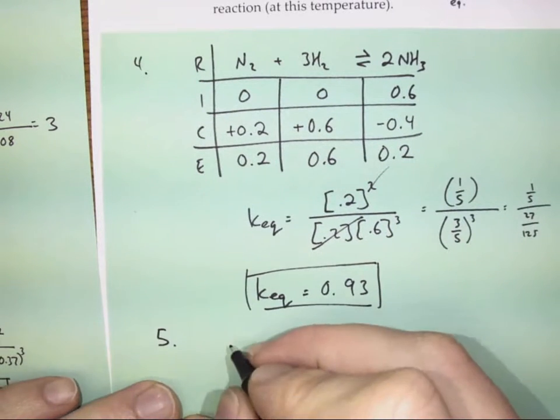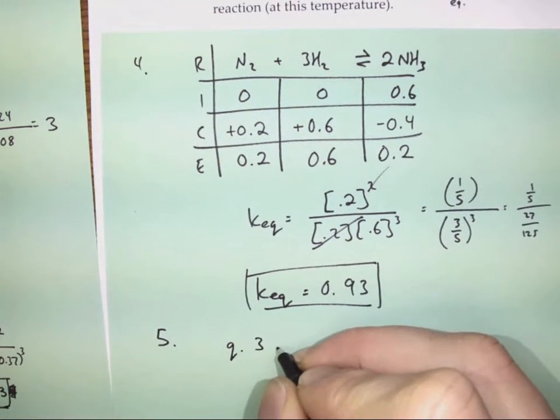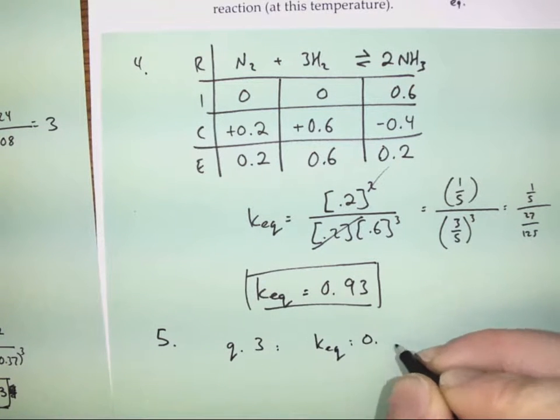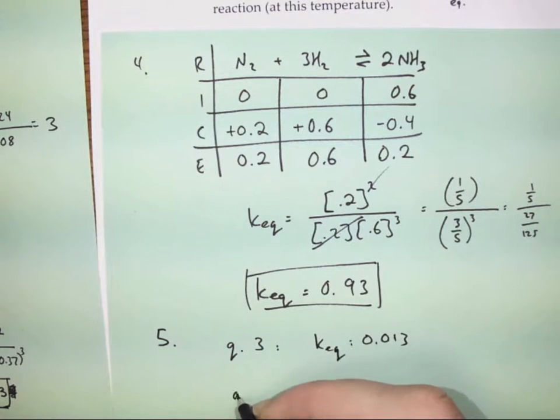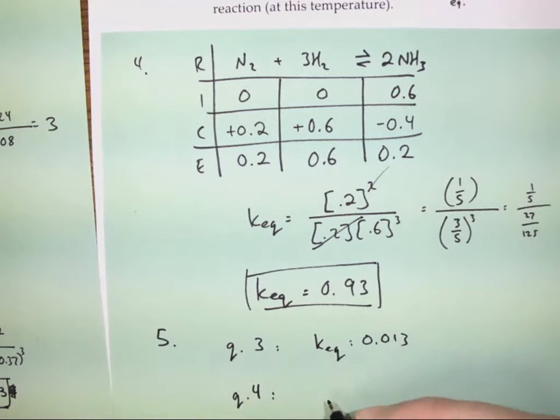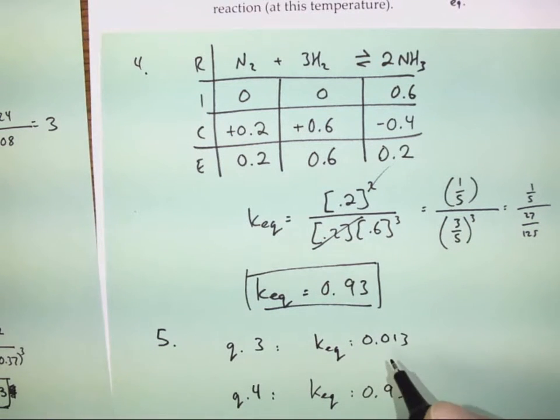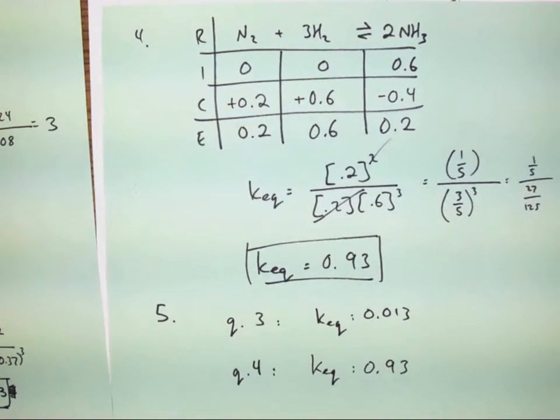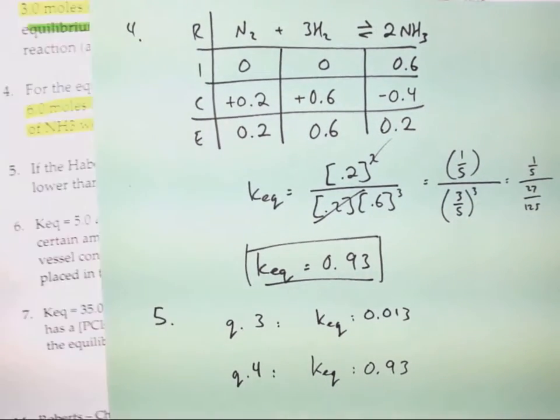In question 3, we had our equilibrium constant of 0.013. In question 4, our equilibrium constant was 0.93. Okay. So this question is a little nonlinear. It's going to require a bit of 3C thinking here.